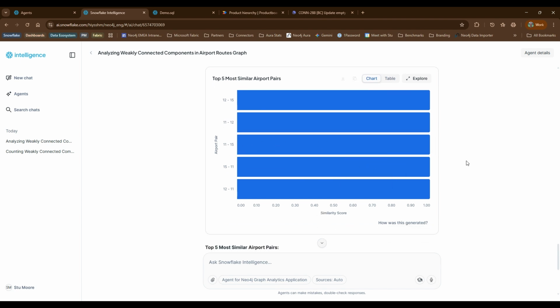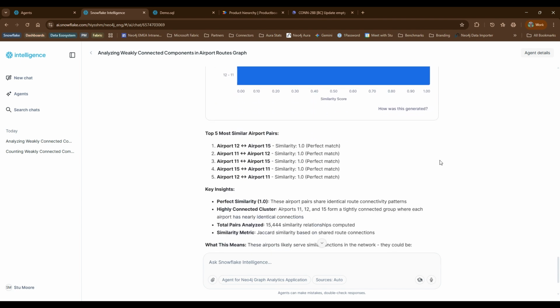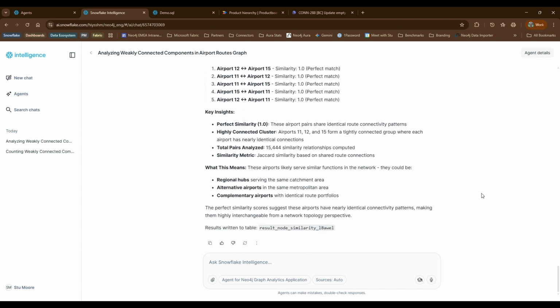Airport pairs: airport 12 and 15, perfect match, 11 and 12, 11 and 15, 15 and 11. These likely serve similar functions in the network. They could be regional hubs, alternative airports, or complementary airports. Obviously, we need the names for this to be a bit more meaningful, but I think you can see the benefit of it.